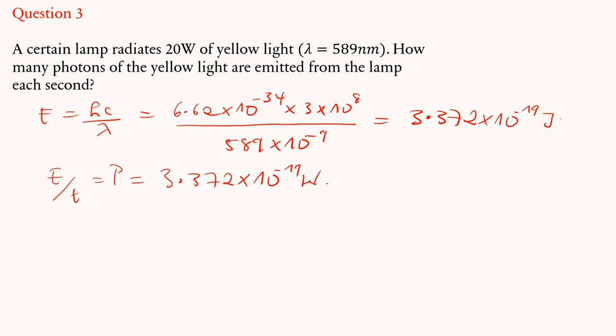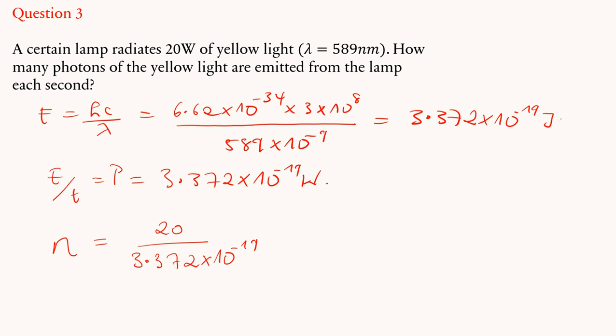And so the number of photoelectrons N that will be emitted will be the power given, that is the power radiated by the lamp, 20, divided by the energy of the photons. So that's 20 divided by 3.372 times 10 to the negative 19.